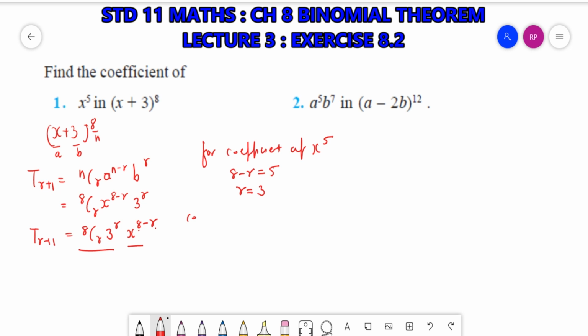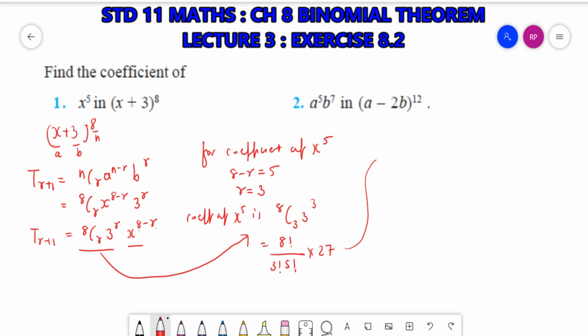Okay, so the coefficient of x raised to 5 is this one: 8C3 into 3 raised to 3. 8C3 is 8 factorial upon 3 factorial into (8 minus 3) factorial, that is 5 factorial, and 3 cube is 27. 8 into 7 into 6 into 5 factorial upon 3 factorial, that is 6 into 5 factorial. 5 factorial gets cancelled, 6 gets cancelled.